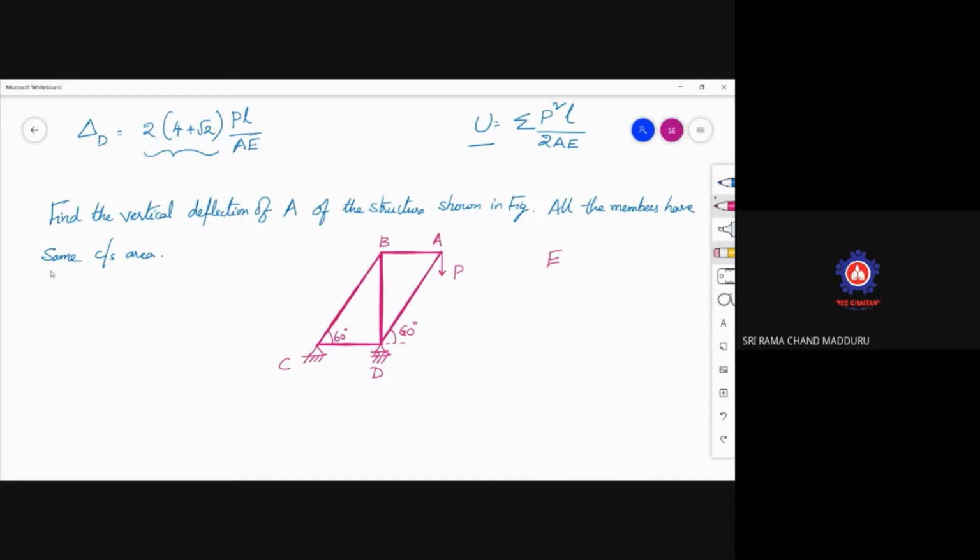Now calculate the force in each member AB, BC, CD, BD as well as AD, and get the deflection at A. After getting all the forces, the sigma F squared L by 2AE is the strain energy. From this, you will get the answer.